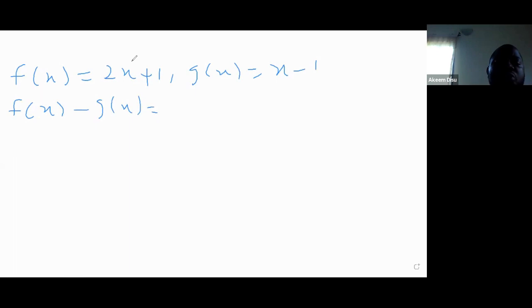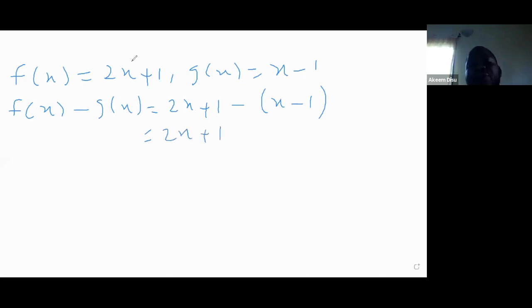So 2x + 1 - (x - 1). Minus times x gives minus x, and minus times minus 1 gives plus 1. Then we collect like terms.